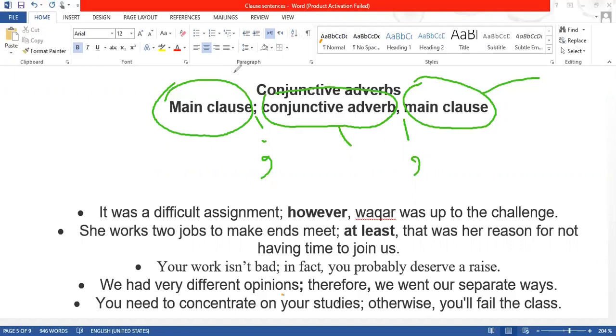See, this is a way to do it. See where you use the semicolon. Now this, however, is not a coordinating conjunction. However is not a subordinate conjunction. It is not strong enough to connect these two clauses. It needs two things, the semicolon and the comma. So we can do it like this.